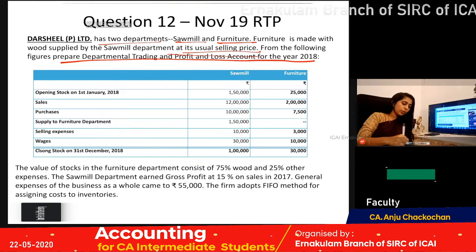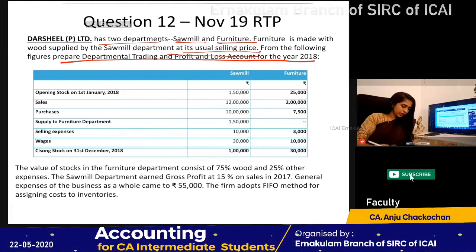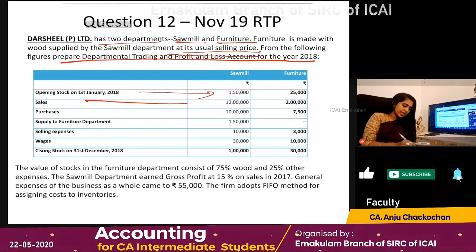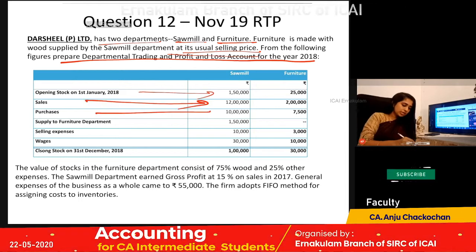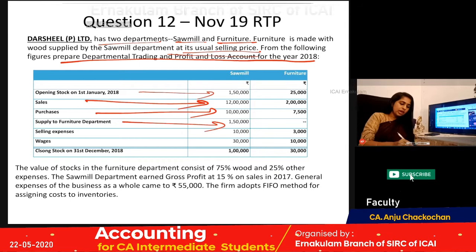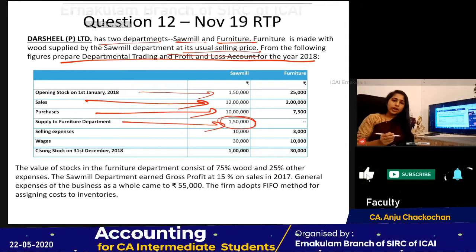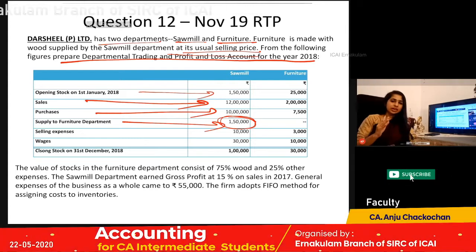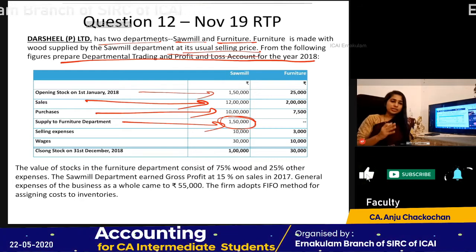Here we have all the data. We have the opening stock for both the departments, the sales for both the departments, purchases as given, and the supply to furniture department. Now you tell me, this amount of 1,50,000, for whom will it be a purchase and for whom will it be a sale? Please keep on responding. I want a message from everyone.